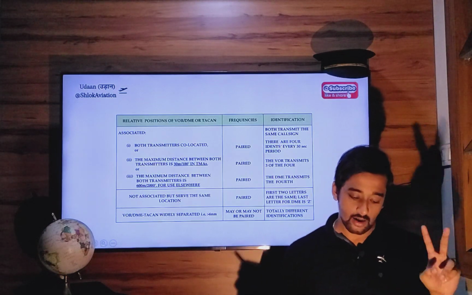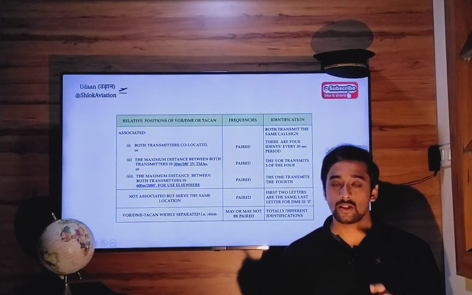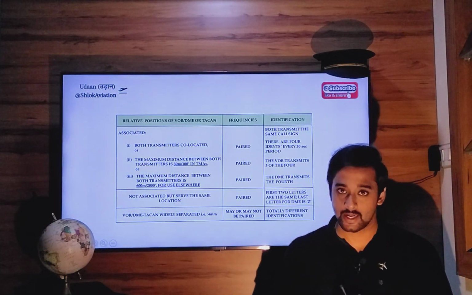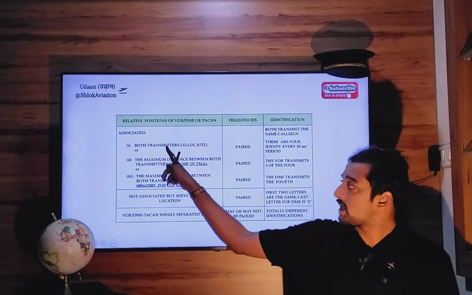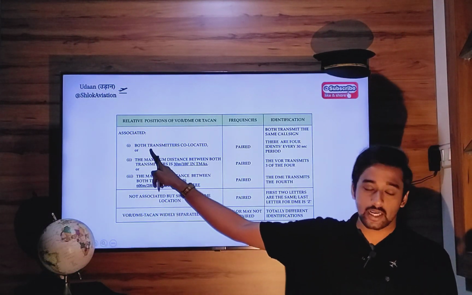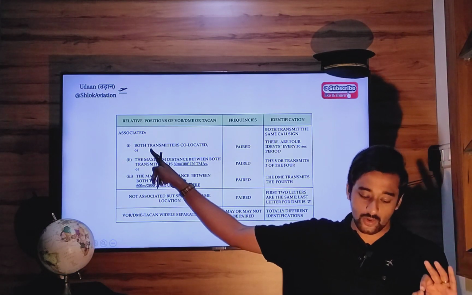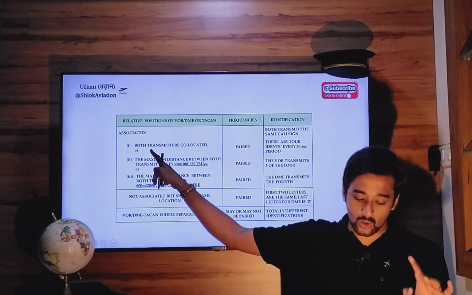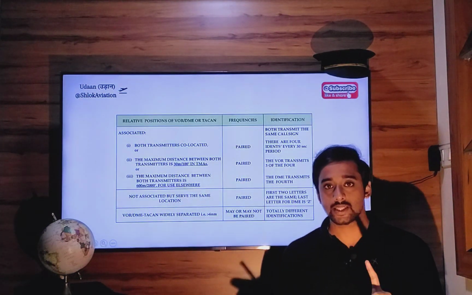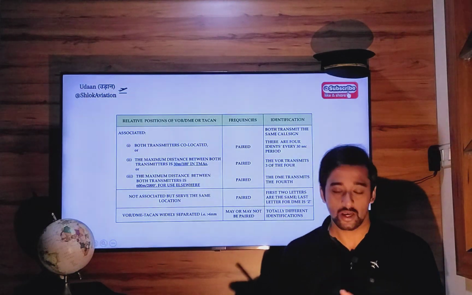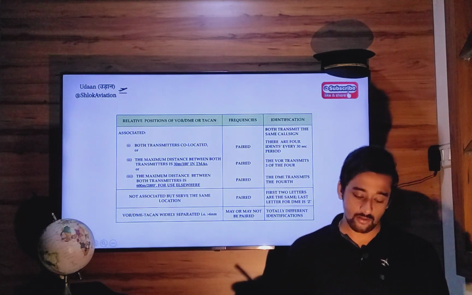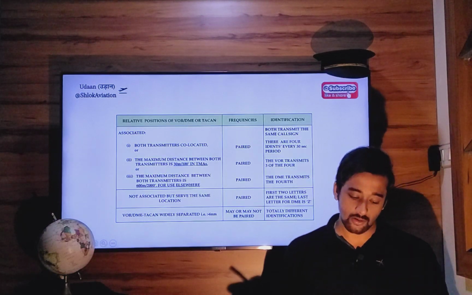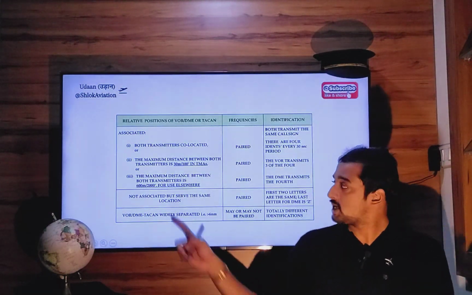So now a DME and a VOR station will be considered to be co-located if they fulfill one of these three conditions. First condition, both transmitters, VOR station and DME station, are co-located, meaning they exist at the same location. Second condition, the maximum distance between VOR transmitter and DME ground transmitter is 30 meter.